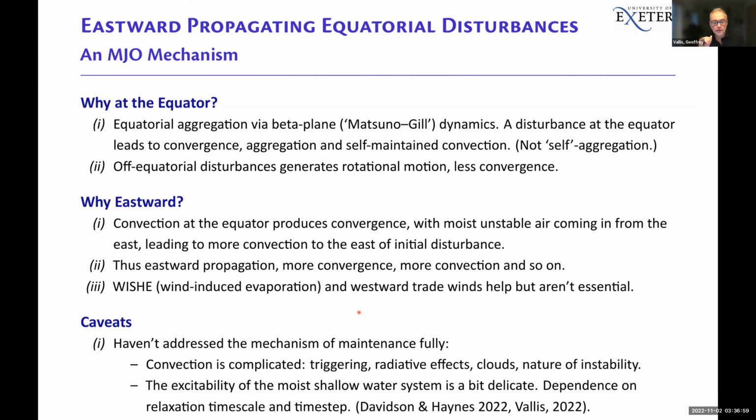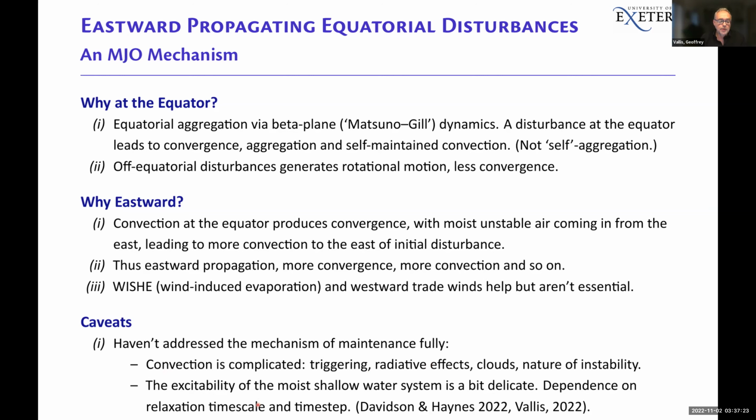And just to bring in a couple of caveats here, I haven't really addressed the mechanism of maintenance fully. It's going to be a very complicated thing. I mean, even in the shallow water system, it's complicated. Never mind if you have a full system. I mean, the convection itself is complicated.